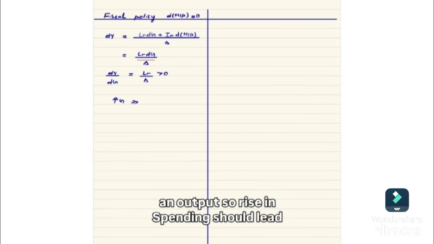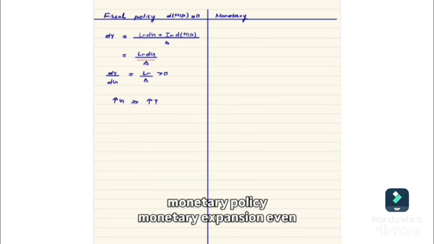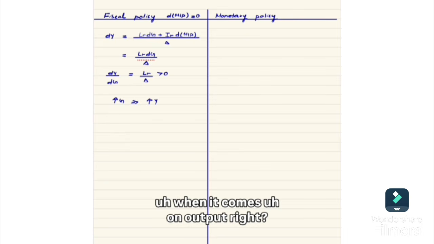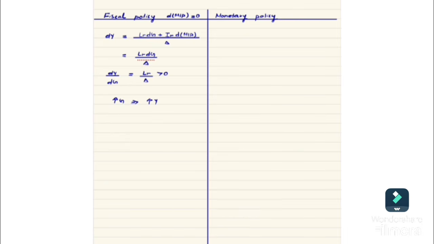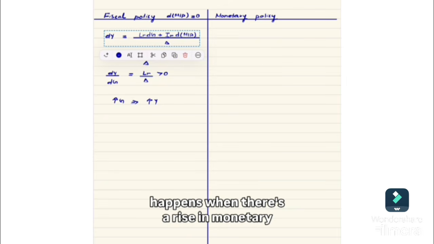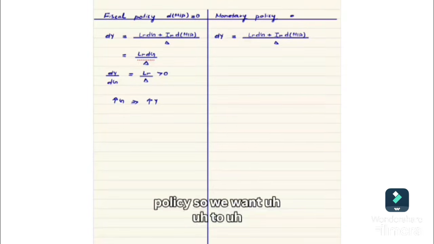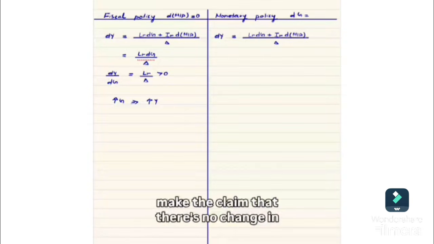Let's see the impact of monetary policy, monetary expansion even, on output. So again, we're interested to see what happens when there's a rise in monetary policy. So we want to make the claim that there's no change in government spending, so the IS curve doesn't shift here. What does this collapse to?